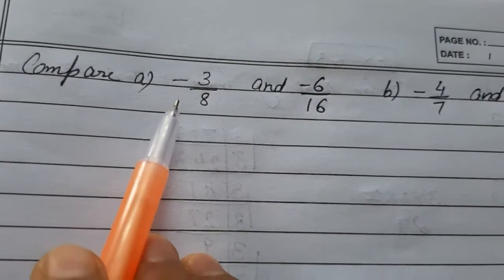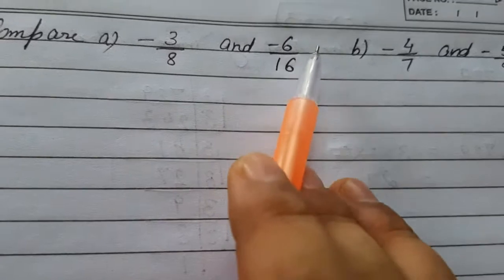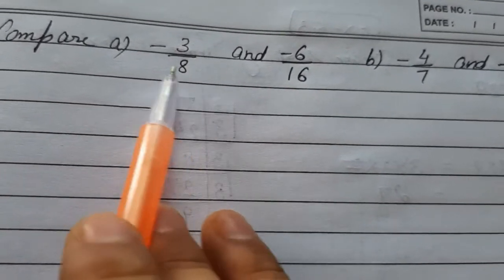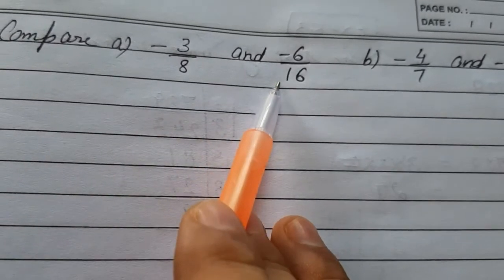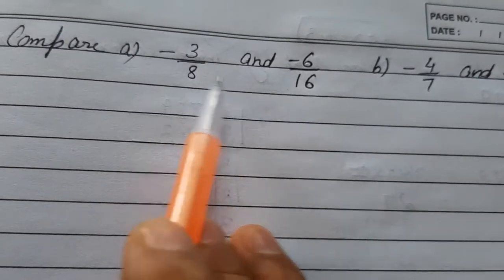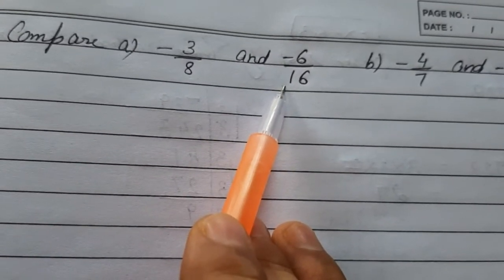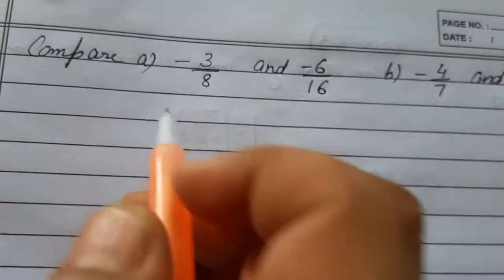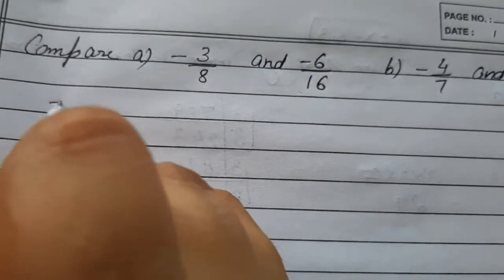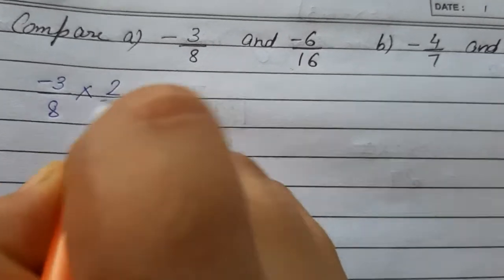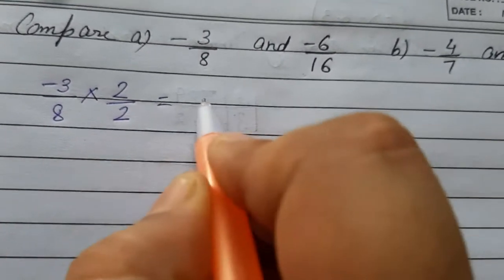Next question is compare minus 3 by 8 and minus 6 by 16. So we have to compare it. Before comparing we have to make it like fractions. So like fractions बनाने के लिए we have to take the LCM. So LCM of 8 and 16 will come out to be 16. You can check it out. And we will make it 16 as we have to multiply both numerator and denominator by 2 to make it 16.